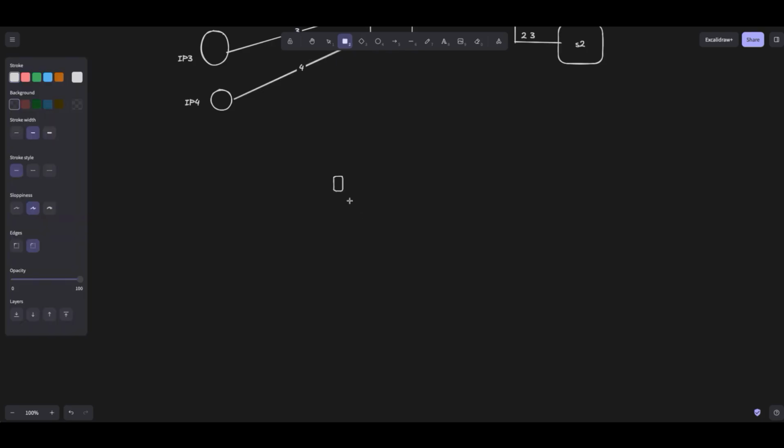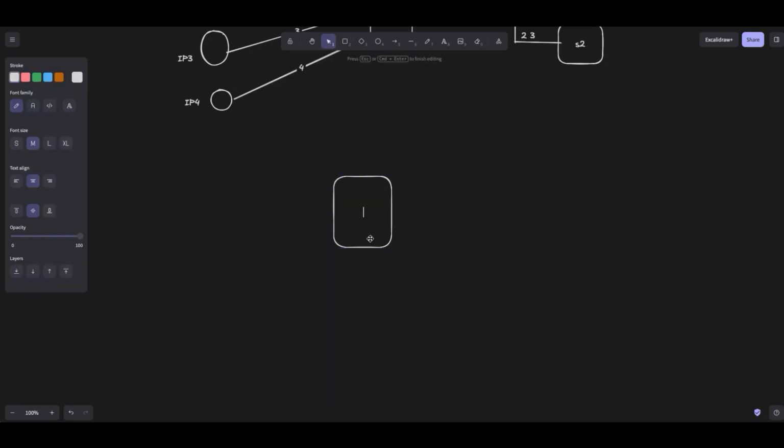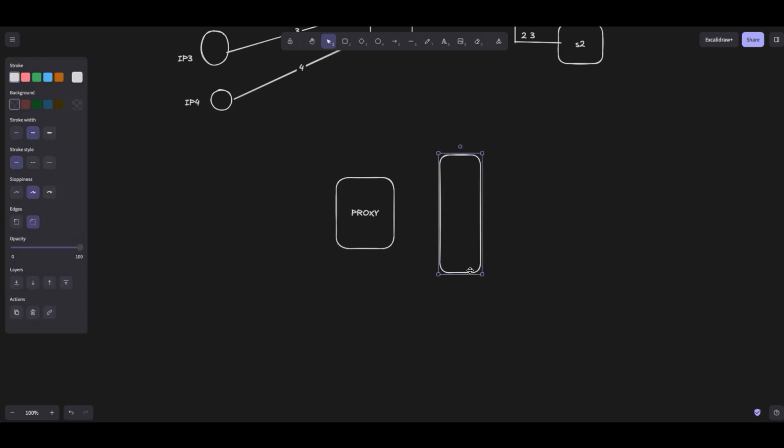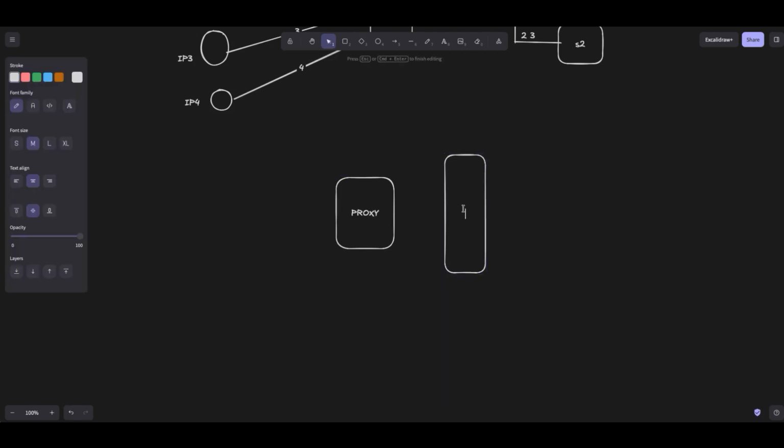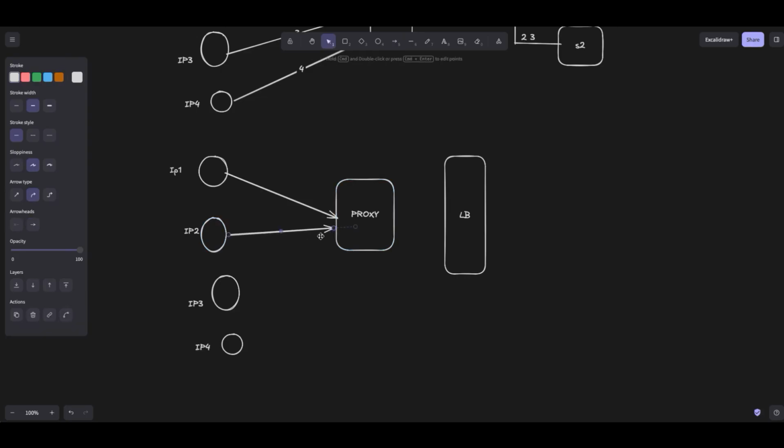There is also one component in networking, the proxy, that stays between the load balancer and the client. These proxies are generally present in almost every web application for security purposes, to hide the location of the load balancer.